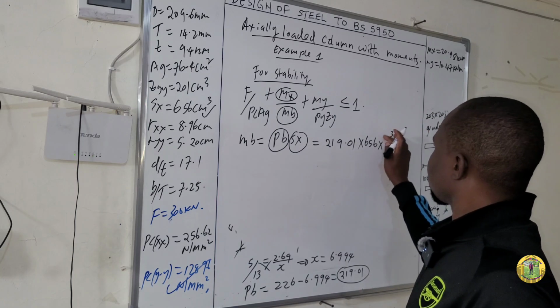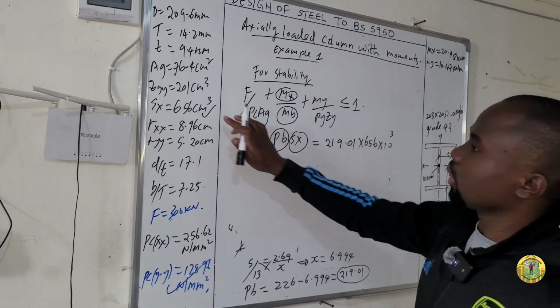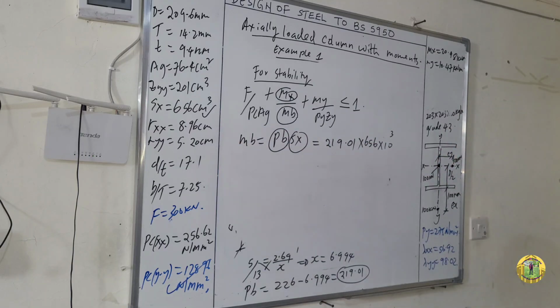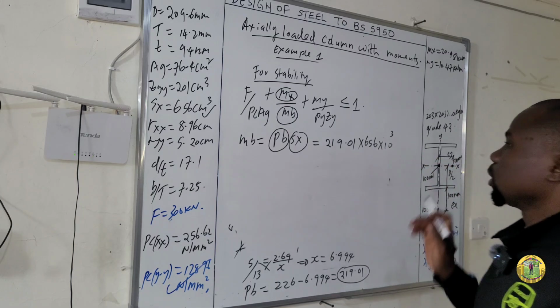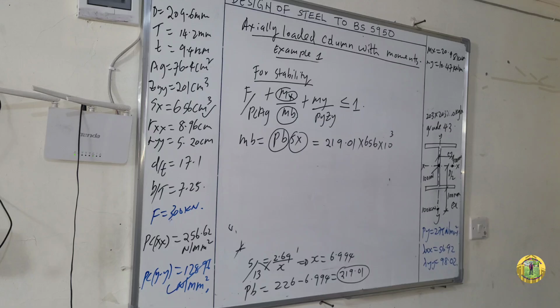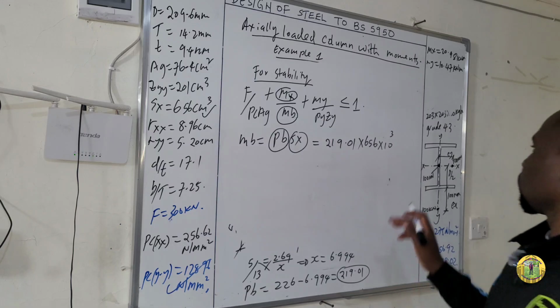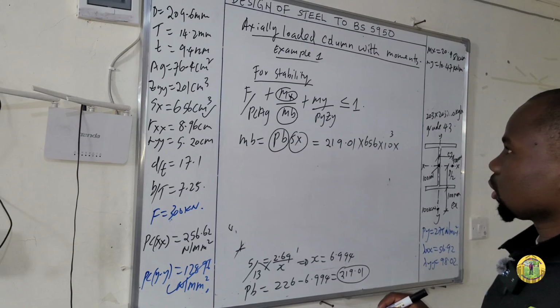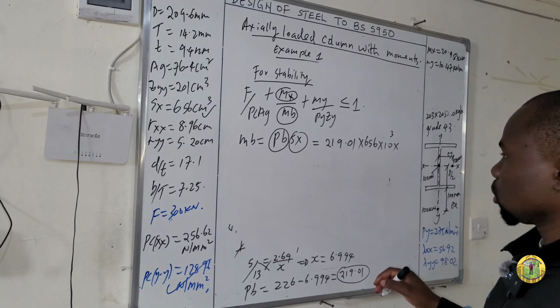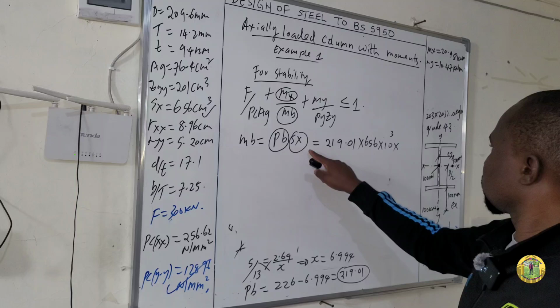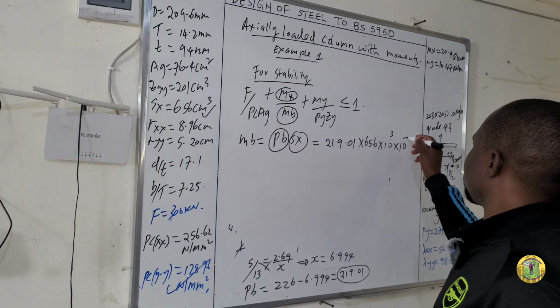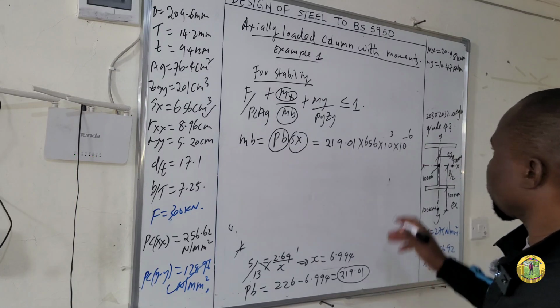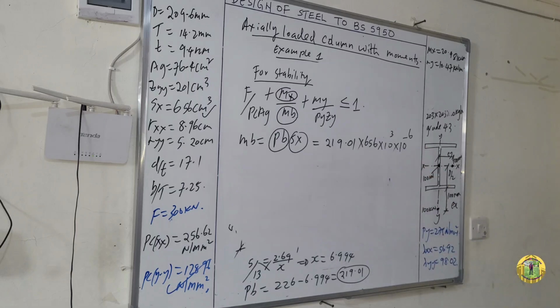So 1 centimeter is equal to 10 millimeter, so it will be 10 raised to power 3 times 10 to power of negative 6. Why 10 to power of negative 6?